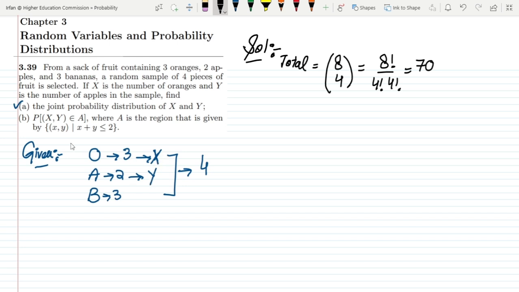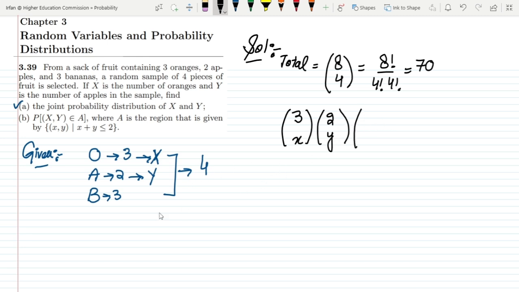In order to find the joint probability distribution of x and y, initially we have 3 oranges, and out of 3 oranges I have to select small x items. Similarly, the apples are 2 in number, and I have to select y items from them.